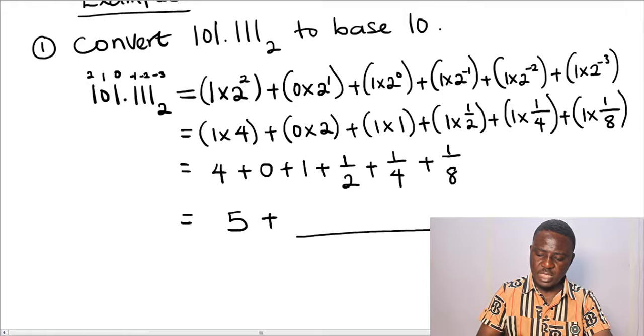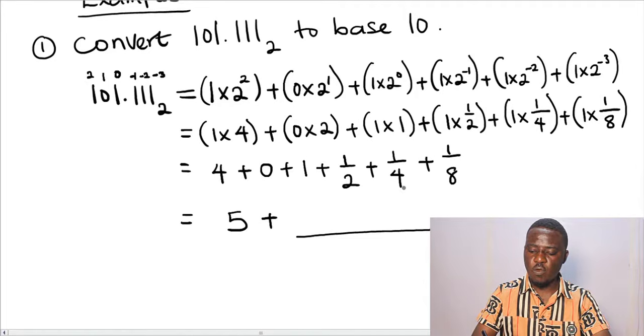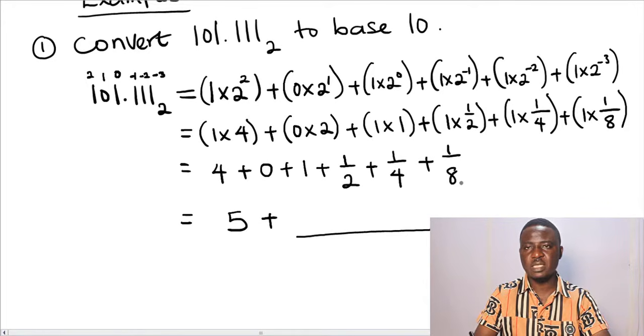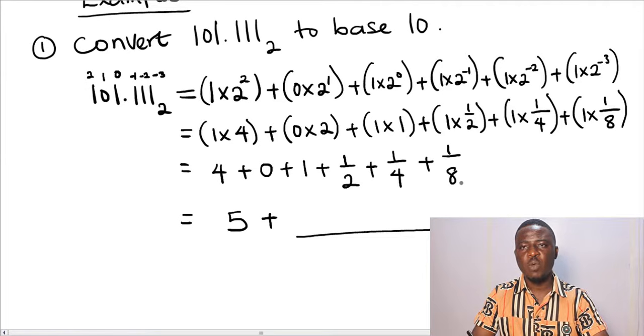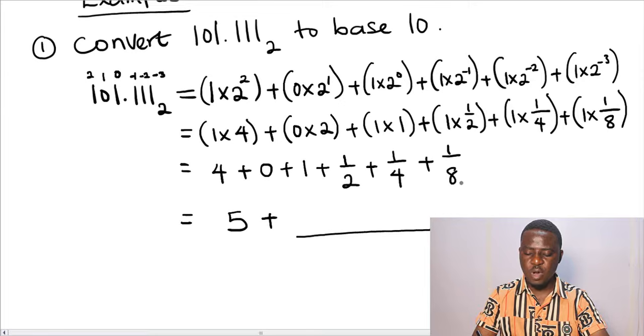I'm going to find the LCM of 2, 4, and 8 so as to add them together. When you are solving sums of fractions whereby the denominators are different, you have to get a new denominator for this solution. So if I'm to add half plus 1 over 4 plus 1 over 8 together, I'm going to use the LCM method.